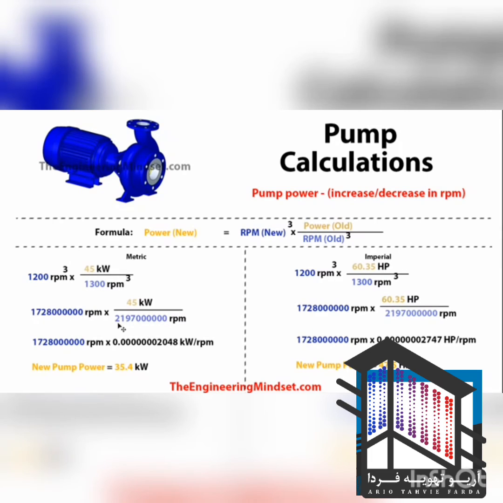Obviously that's why they are so long. Make sure you do these as the first step, otherwise you might lose it and then you'll mess up all your calculations, so don't fall into that trap. So if we calculate all this, you'll see it comes down to 35.4 kilowatts, down from 45 kilowatts. And on the imperial side, it will come down from 60.35 horsepower to 47.5 horsepower.